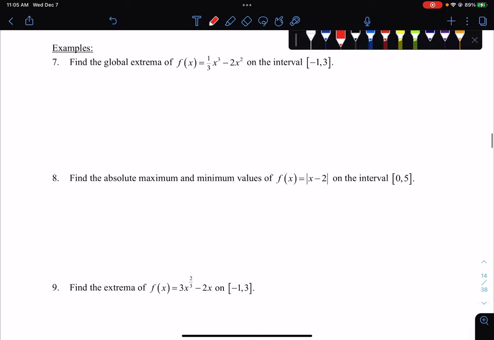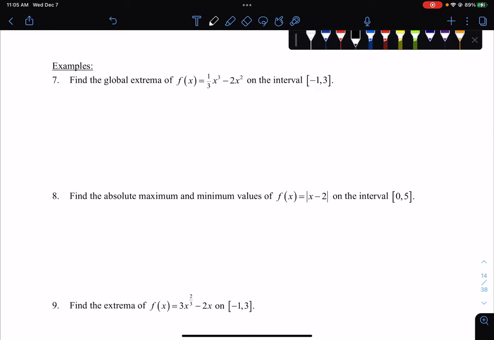Okay, here's how we find these things. All right, find the global extrema. So it wants me to find the maximum and the minimum of f of x equals 1/3 x cubed minus 2x squared on this interval. So to find extremes, I have to use the first derivative. So f prime of x equals x squared minus 4x.